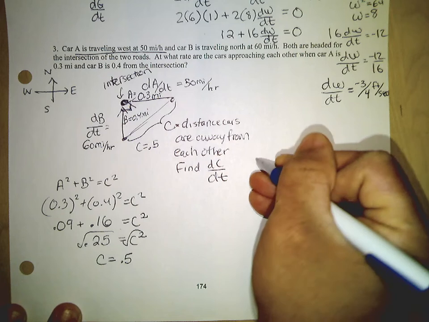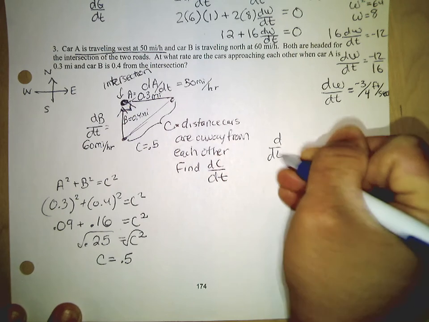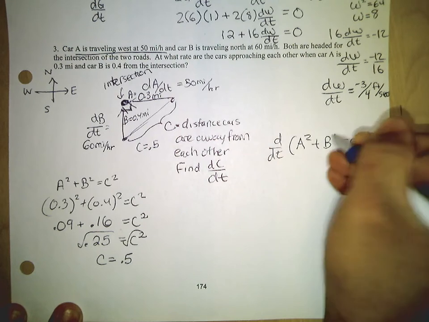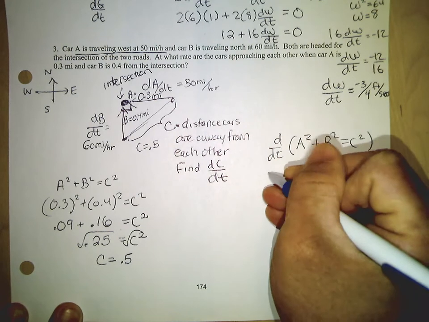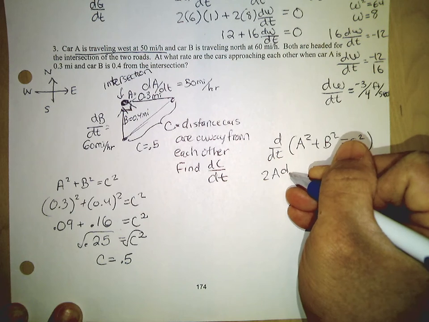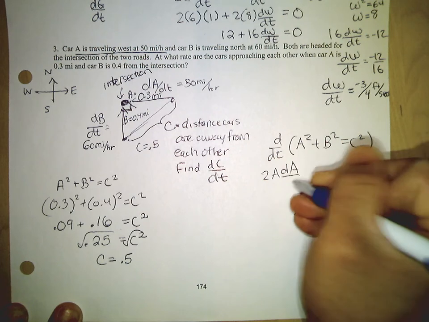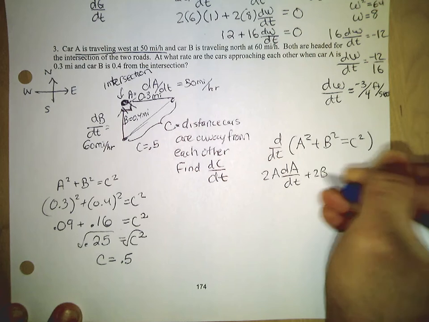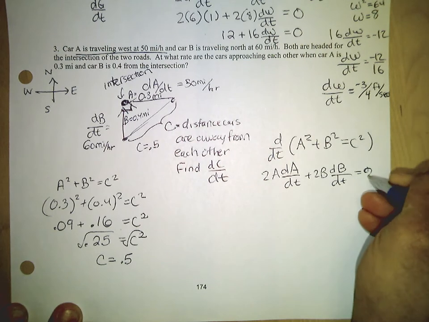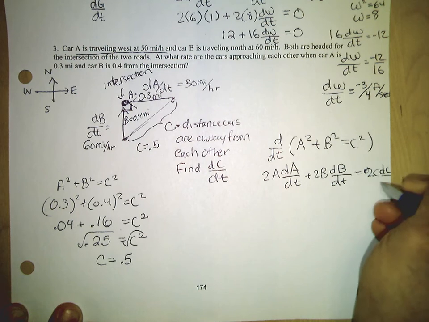Now I need to find the derivative. So d dt of A squared plus B squared equals C squared. So this will give us 2A dA dt plus 2B dB dt equals 2C dC dt.